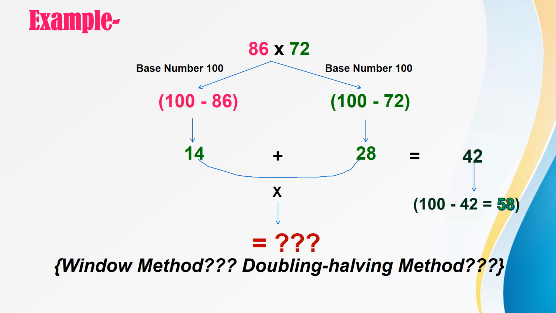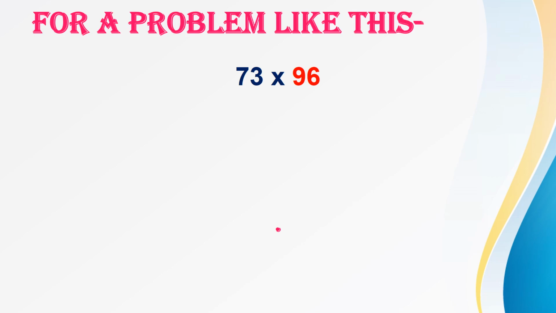Alright, so now we know that to multiply two numbers lying between 90 and 100, you just have to use the distance from 100 strategy. But what if you have a problem like this? 73 into 96.